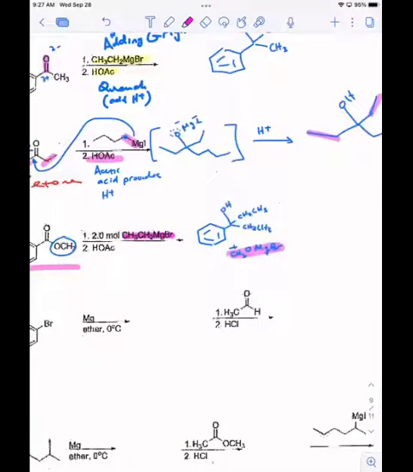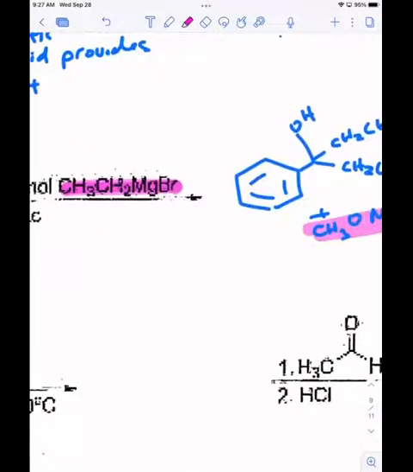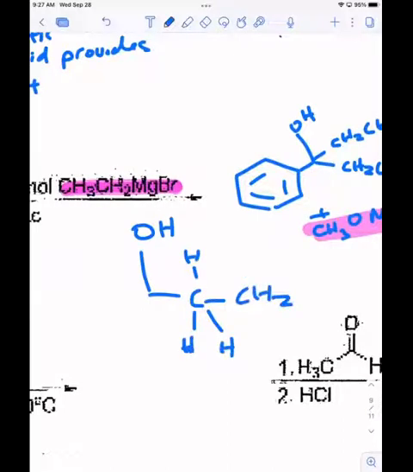Another way to think about this, if you get confused, especially if it's written out in Lewis or condensed form like that, is if I attached at the CH3, let me just draw it. I'm going to erase this, so don't worry about it. If I attached here, what's the problem with this carbon right here?